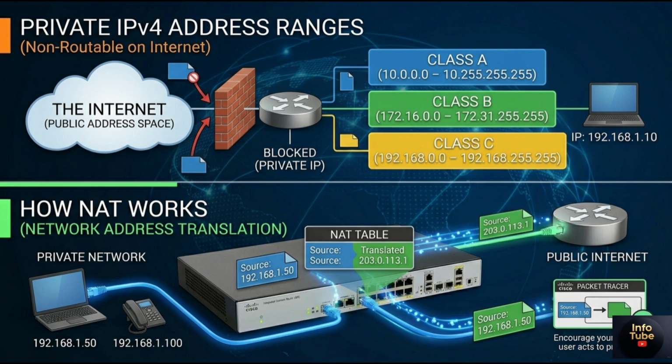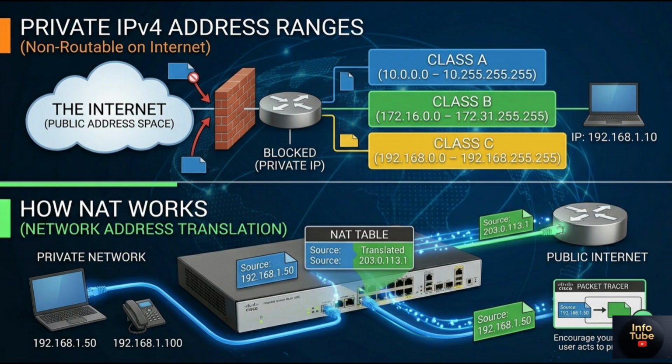Used by massive corporations or universities. Class B, 172.16.0.0 to 172.31.255.255, medium-sized networks. Class C, 192.168.0.0 to 192.168.255.255, small networks. This is what you almost certainly have at home.